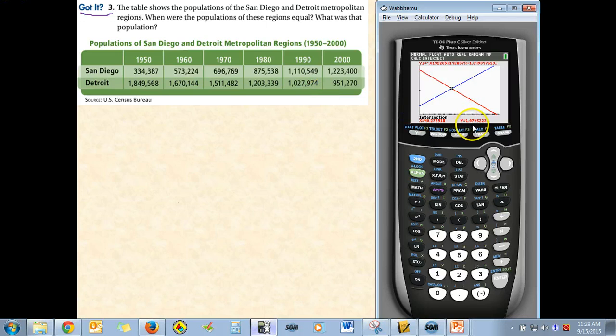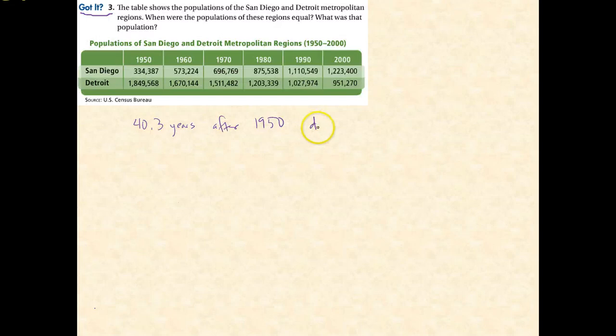And they're about 1.07 million. So sometime during 1990, they were both at about 1.07 million. So, 40.3 years after 1950, it was sometime during 1990, and their populations were about 1,070,000.